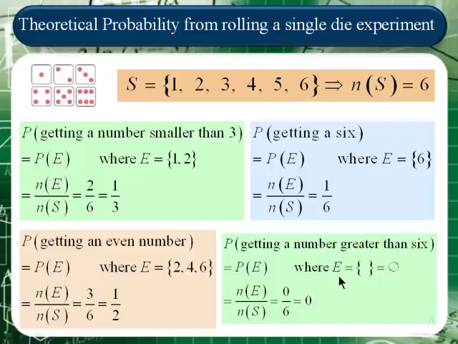Now, if we write down this subset, we find that it's the empty set, because there's no number greater than 6 here. So the probability is the cardinal number of this event, which is 0, divided by the cardinal number of S, which is 6. So that is 0. Therefore it is impossible that this event will occur.